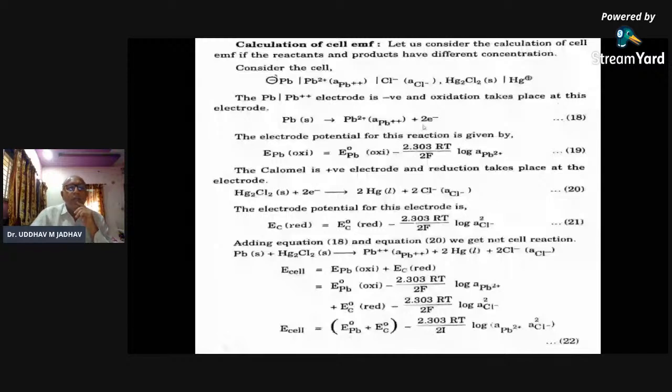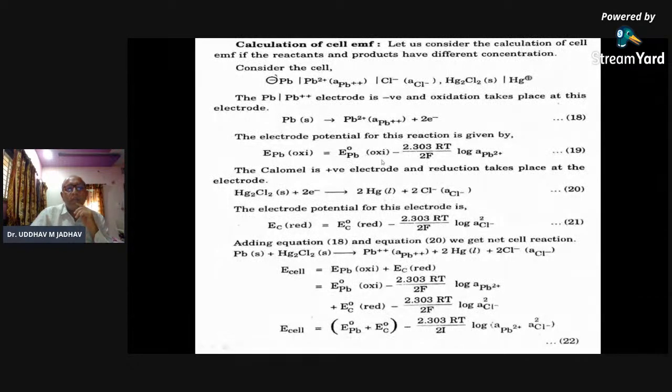Then accordingly the electrode potential will be given as E lead oxidation, E nod, the standard electrode potential of lead oxidation, minus 2.303 RT upon NF, here 2, because 2 electrons are involved in the reaction, log of activity of lead 2 plus. Similarly, the other electrode is a calomel electrode, which is a reduction electrode, and we have seen the reaction last time.